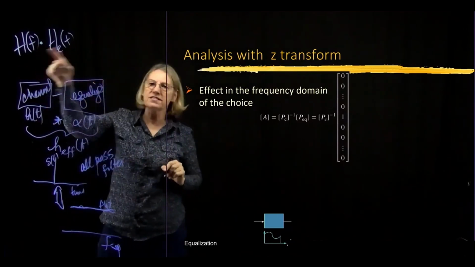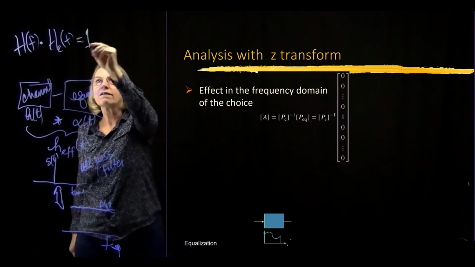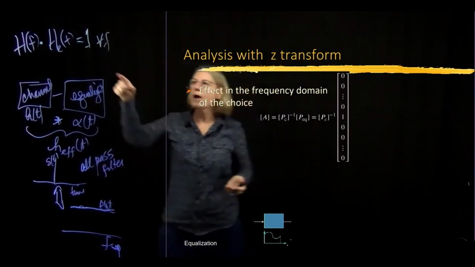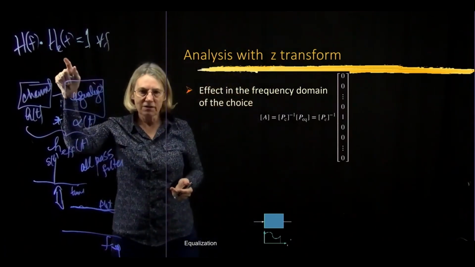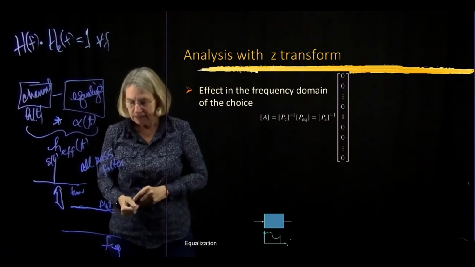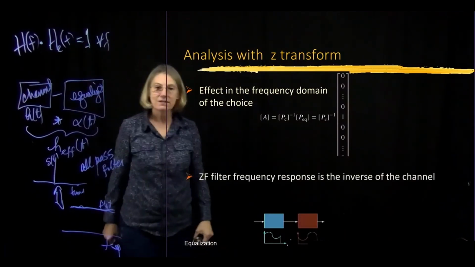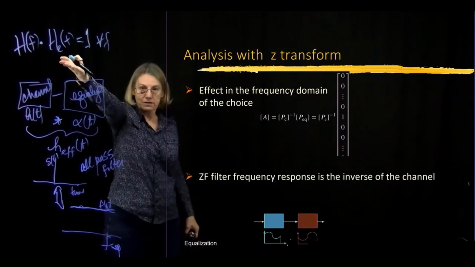So if I want this to be flat, I want it to equal 1 for all frequencies. What does that mean I want for my equalizer in order for the effective response to be completely flat, constant for all frequencies? Well, that means I'm looking for the inverse.